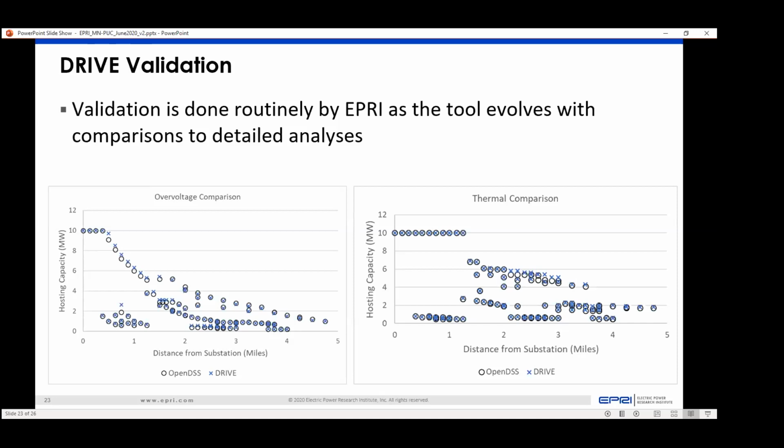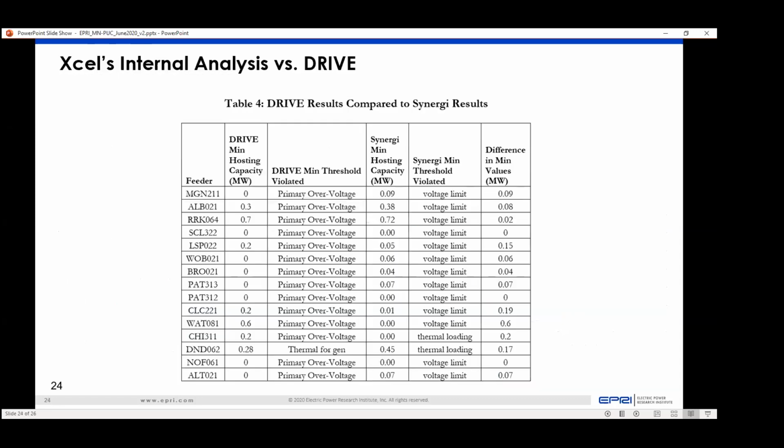And it's a validation that's being done routinely by EPRI, but it's also something that we need to work closely with the vendors too and formulate a way to make sure we can all validate and explain the results that we are seeing from our hosting capacity analyses. For this particular slide, it's mainly to show that this is an ongoing validation effort by EPRI, and through Drive, our enhancements every year, to understand, are the results as we expect.